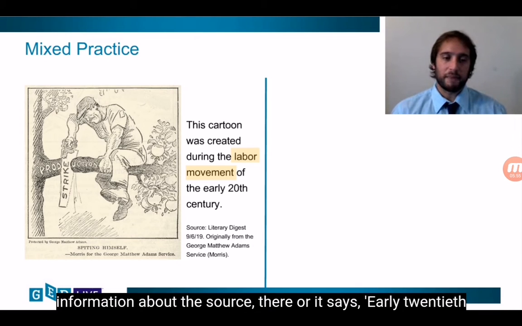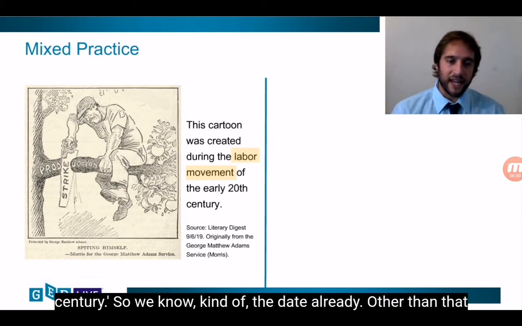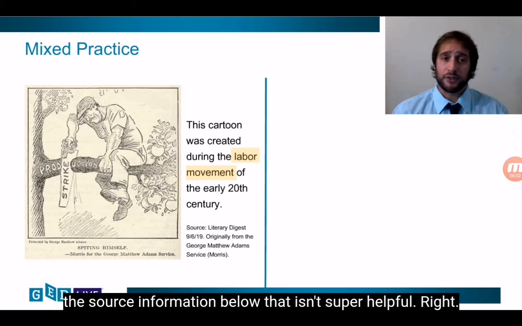We get a little bit of information about the source there, right? And it says early 20th century, so we know kind of the date already. Other than that, the source information below that isn't super helpful.